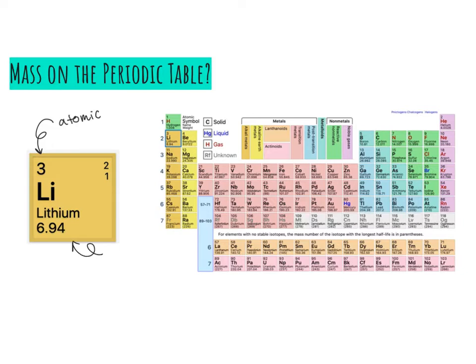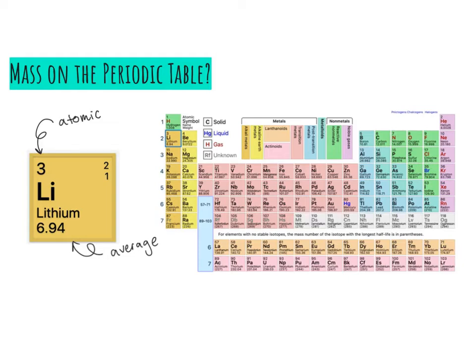It's different from the mass number that we see with our atoms because it is an average. This is going to be the average mass of the different isotopes that the element can come in. So let's see how we can do that calculation on our own with this lithium element.